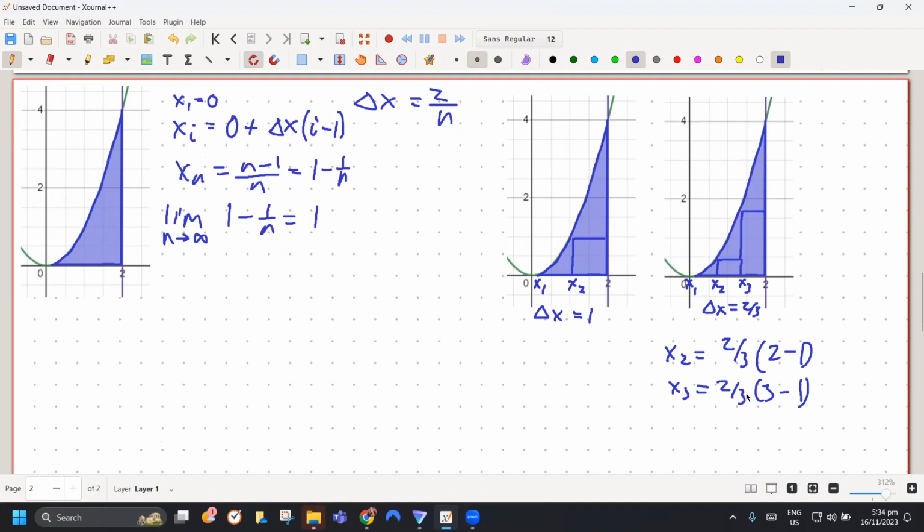Okay, so at least our setup for this case, 0 plus delta x times i minus 1, works.